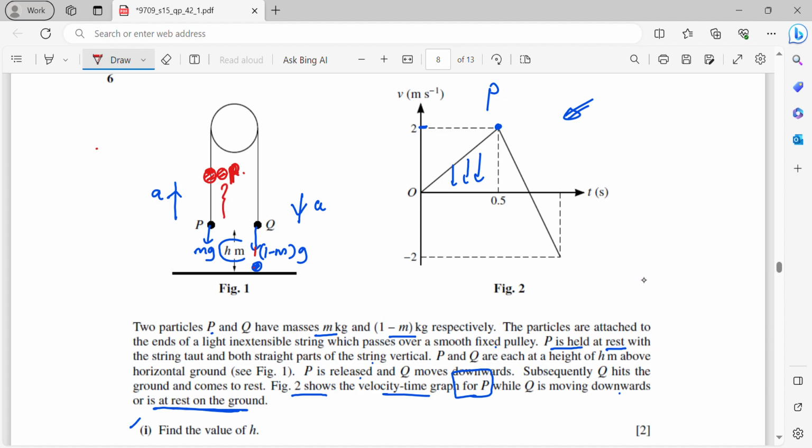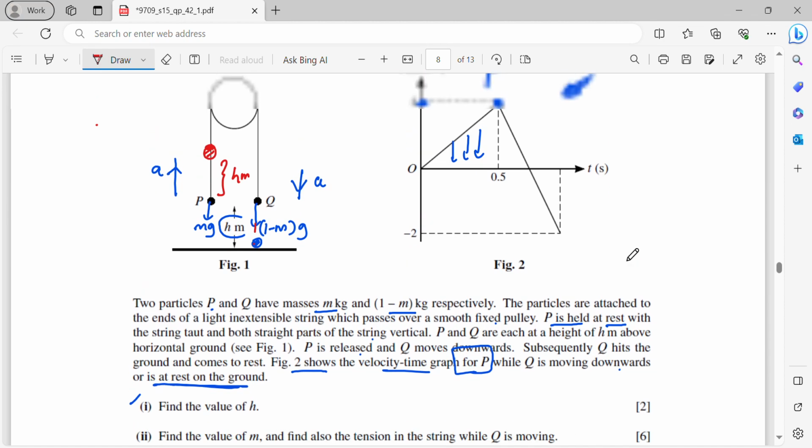So here is h meters, the maximum distance that P can travel before Q just touches the ground.